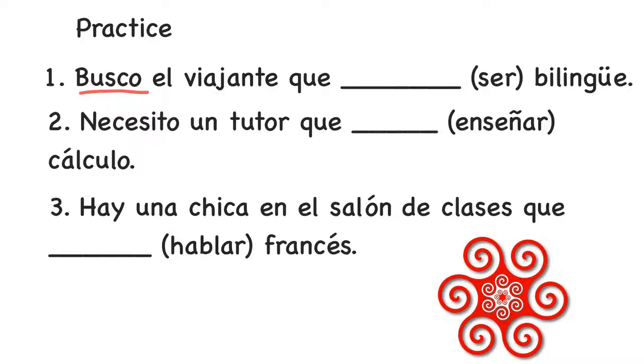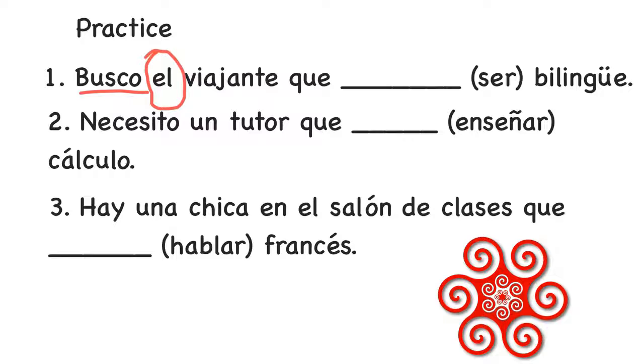Now, there's another element that is very important to determine whether this sentence is going in the indicative or the subjunctive, and in this case it is the article. We're using a definite article. When we use a definite article like el or la, it means that we know that person, that thing.